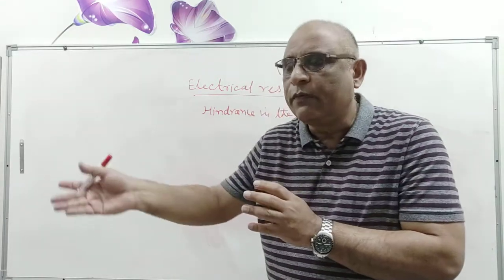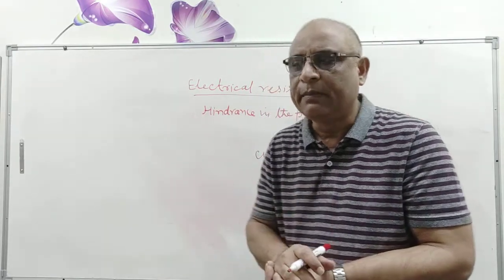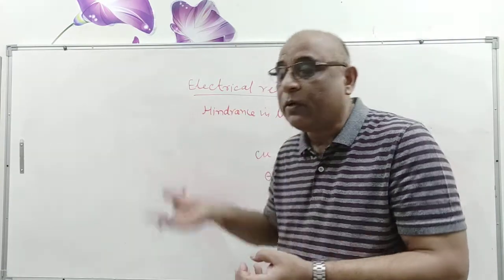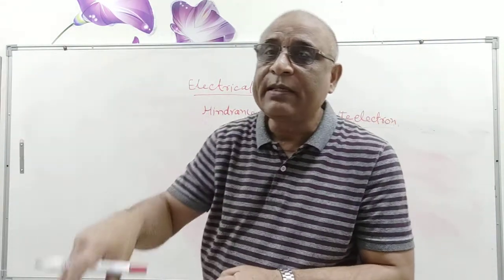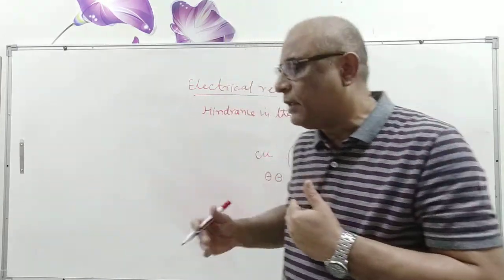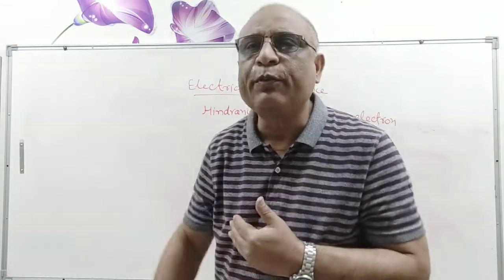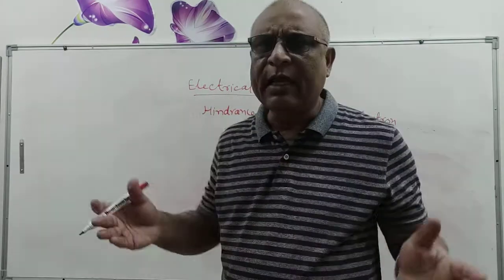They move when EMF is applied, but they collide with their own positive ions, created by them. So the hindrance in the path of the electron by its own positive ion is known as electrical resistance. I am keeping it very simple.